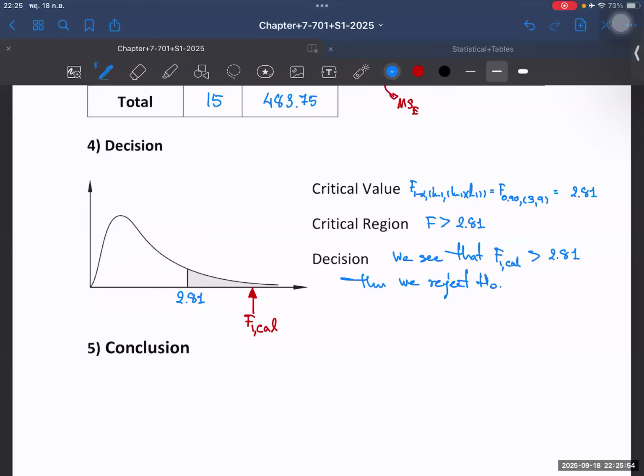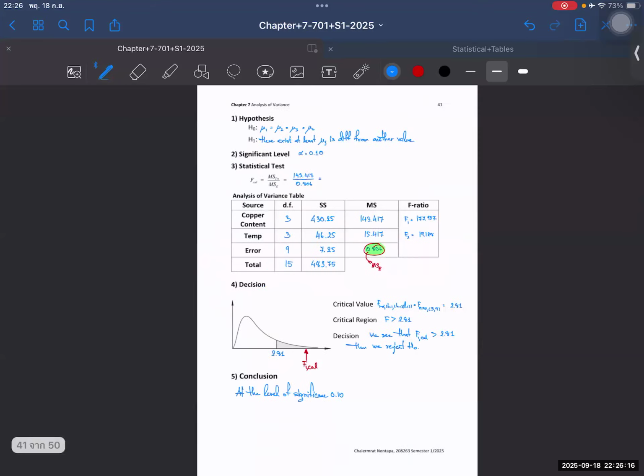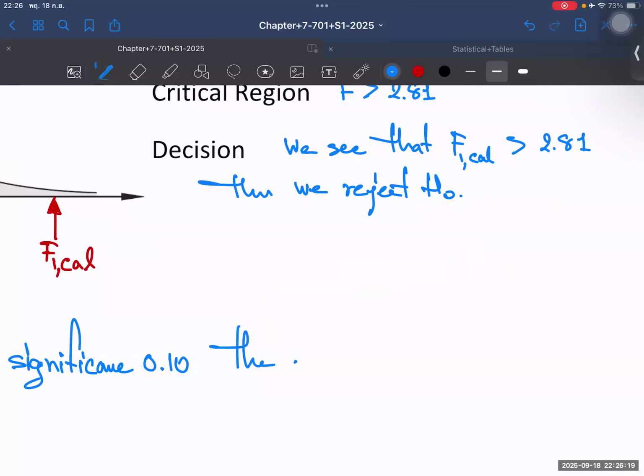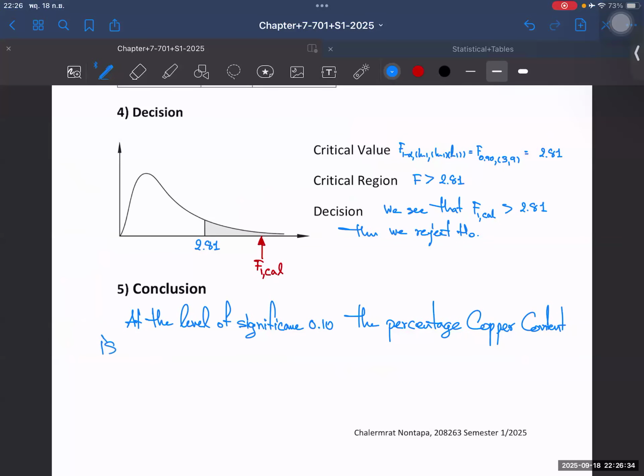Okay, we conclude that at the level of significance 0.10, the percentage copper content is different. Okay.